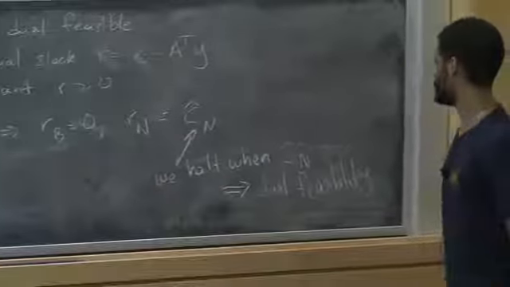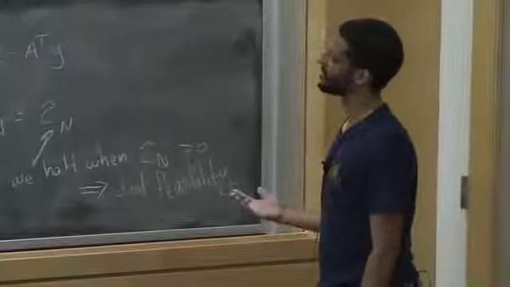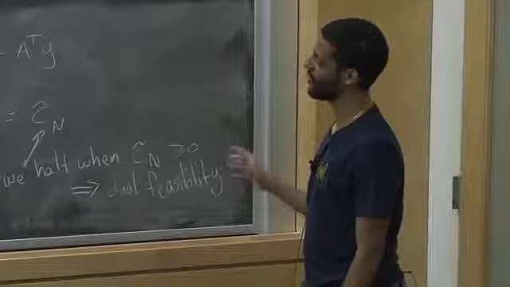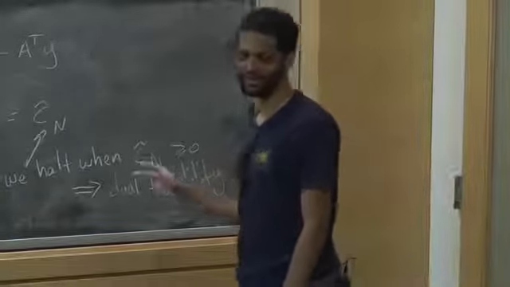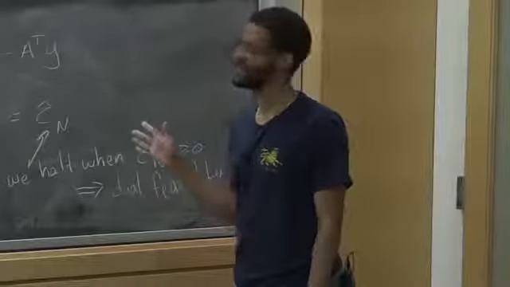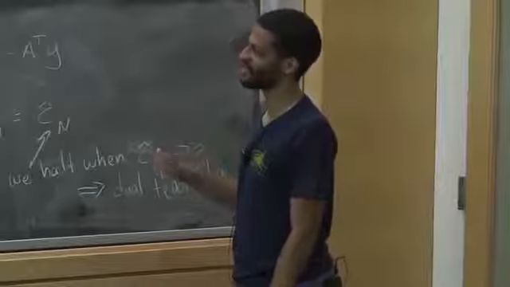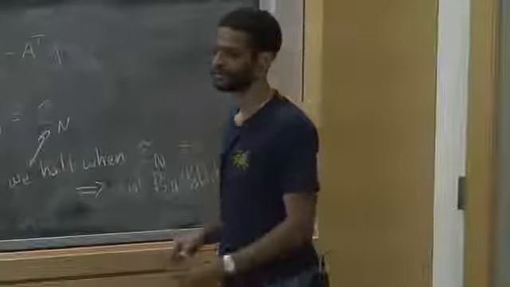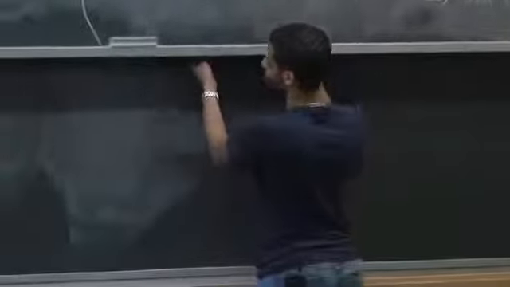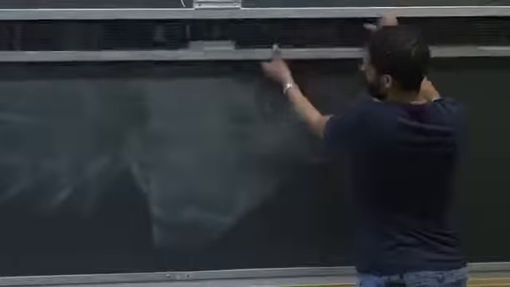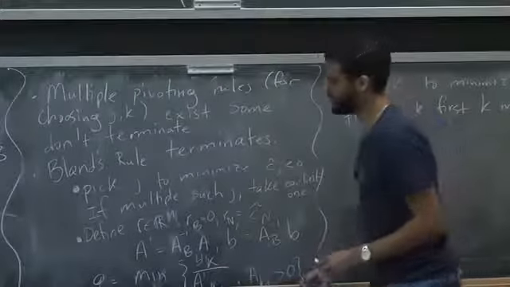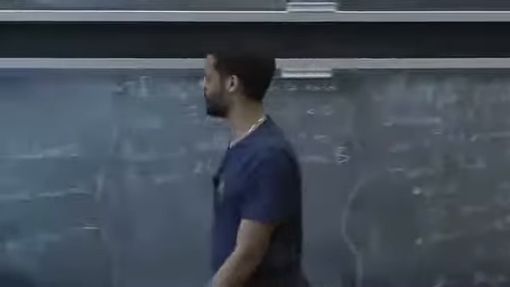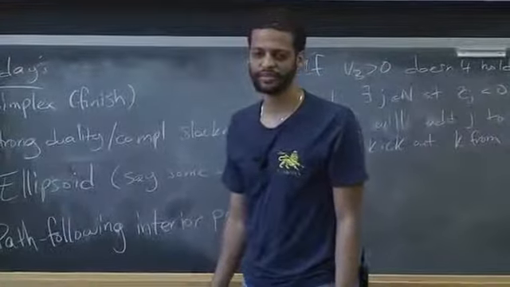On the one hand, I didn't give all the details because I didn't prove Bland's rule, but I think it's a nice thing to know that it's basically a corollary of the fact that simplex works. Questions?